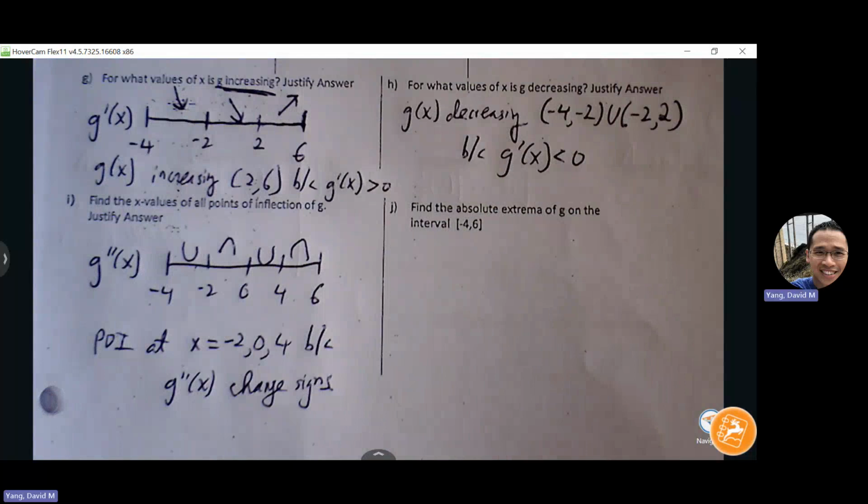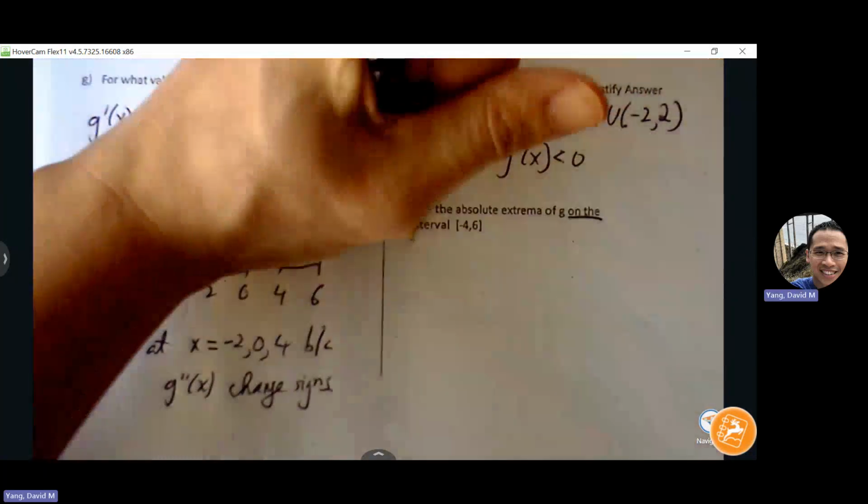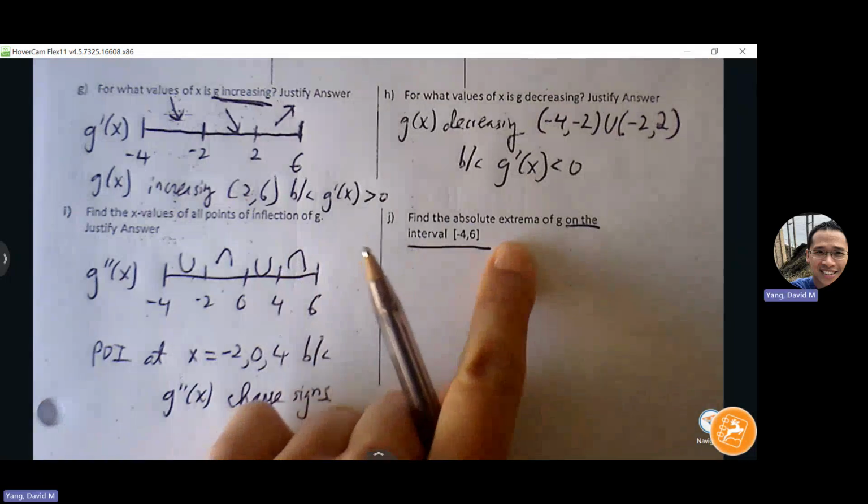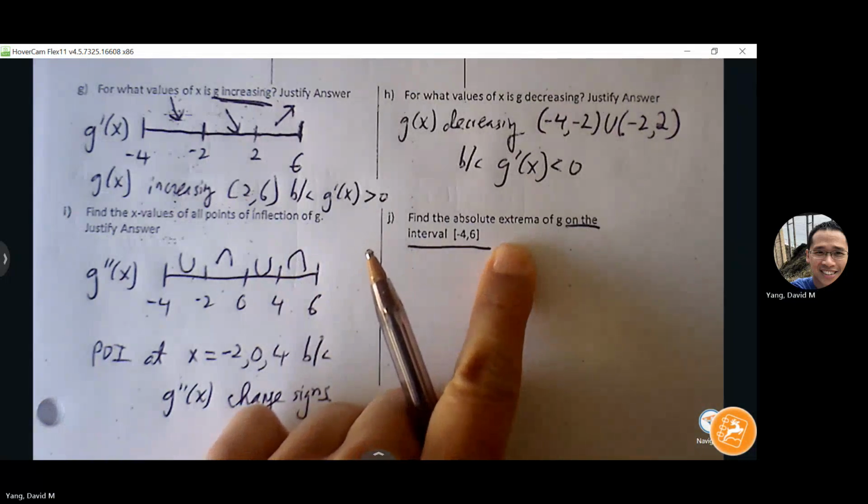Okay, part J, find the absolute extrema of the function g on the interval from -4 to 6. So now we got to go through what? Yeah, extreme value theorem, which means we're going to test what?